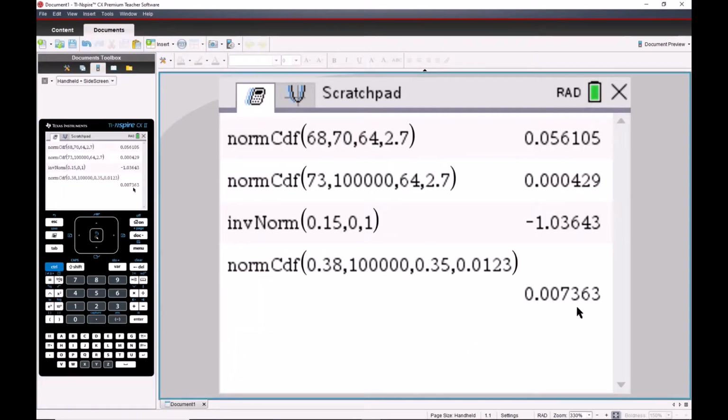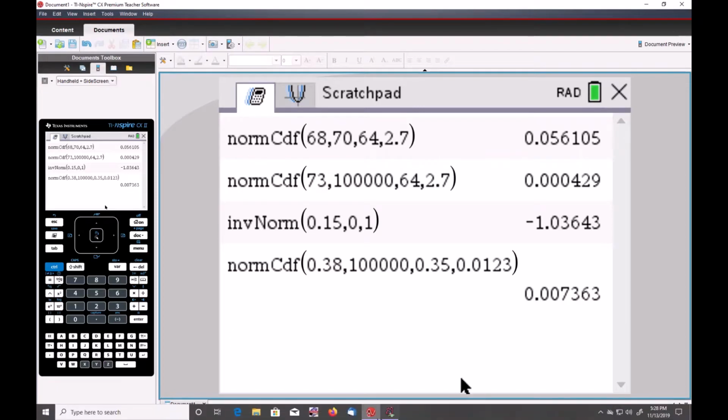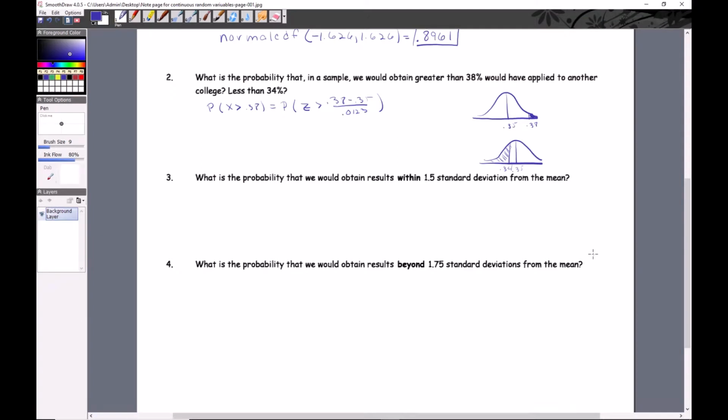All right, 0.007363. That's exactly what it should be. All right, so we'll go back here. And I don't know. I hope you like that. I think it's pretty useful. So 0.007363. So less than 1%. Right?